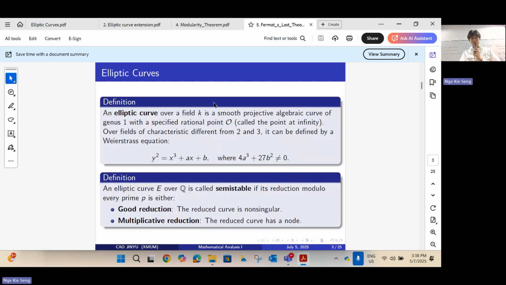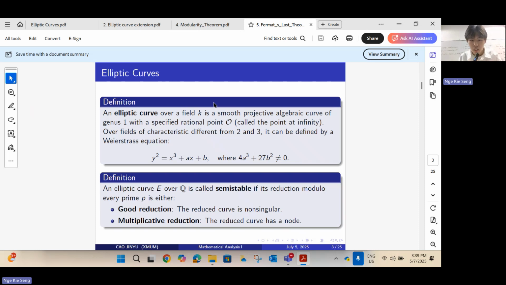Just like Junhong defined, we say an elliptic curve is given by the Weierstrass equation, y squared equals x cubed plus ax plus b, for 4a cubed plus 27b squared not equal to 0.